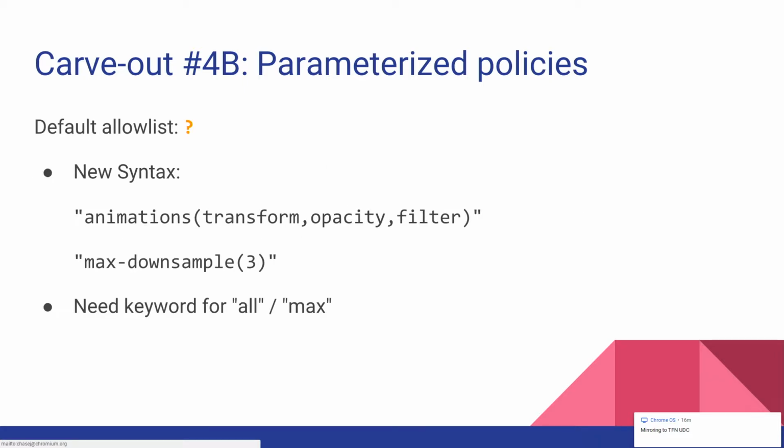This is why we are thinking about introducing this new syntax to allow web developers to specify which values they want to support. For example, this animation is a list of animations we want to disable or enable, or this number, which means a downsampling ratio we want to limit on the image.